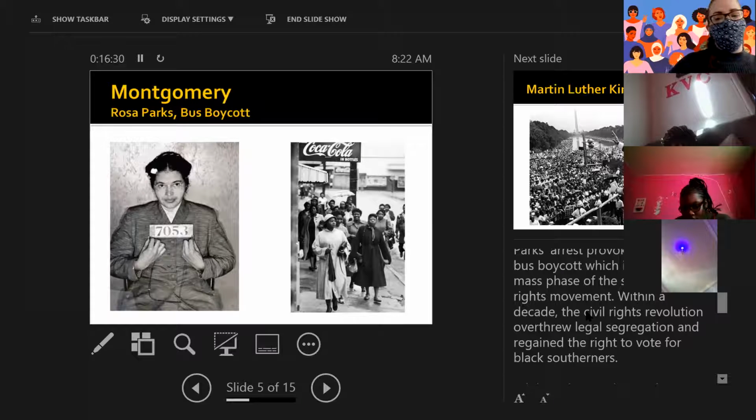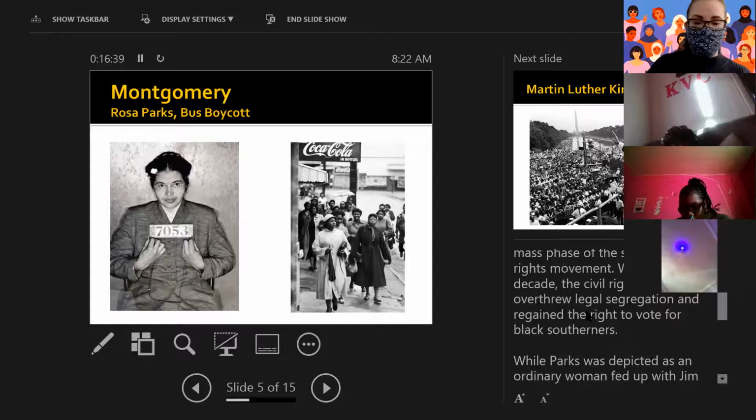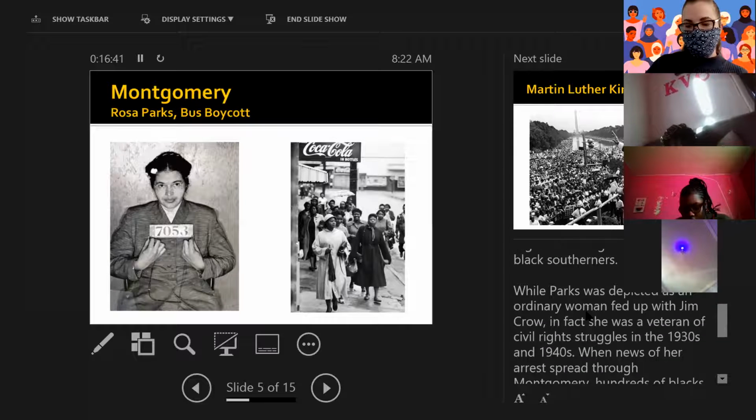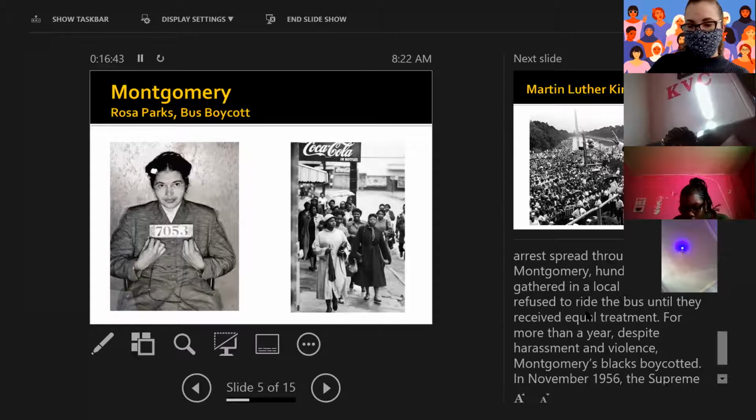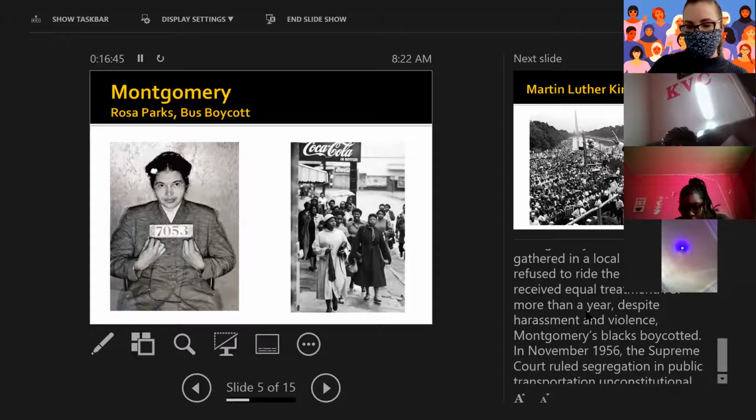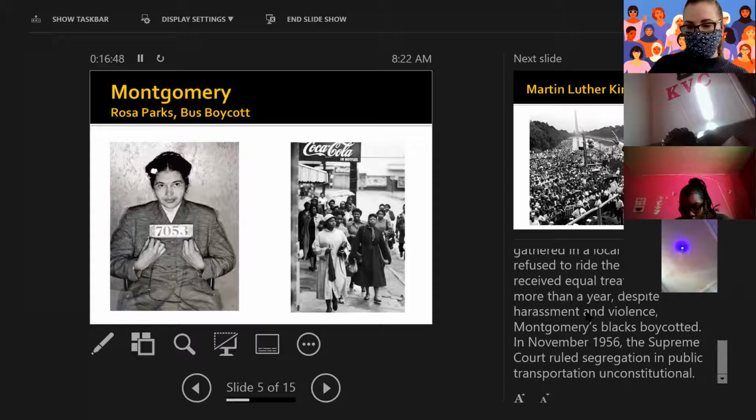This bus boycott helped lead to the end of segregation in public transportation. And in November of 1956, the Supreme Court ruled that segregation in public transportation is unconstitutional.